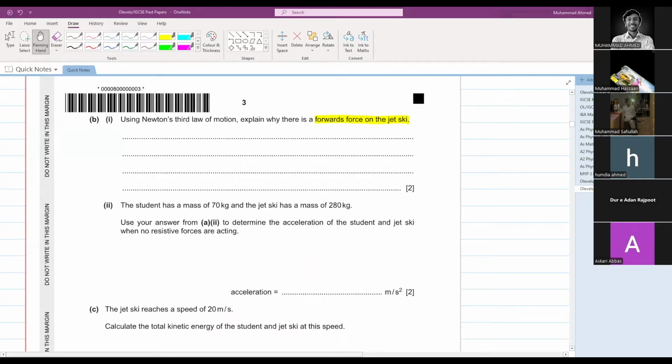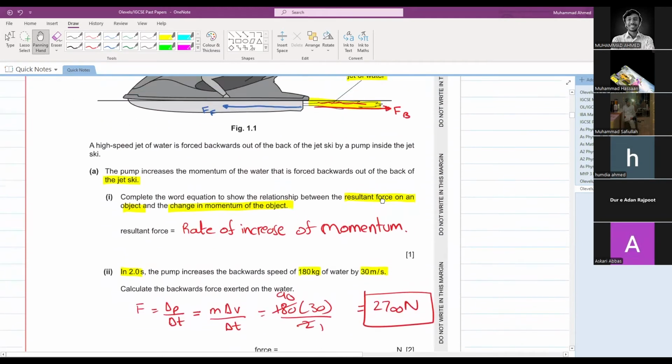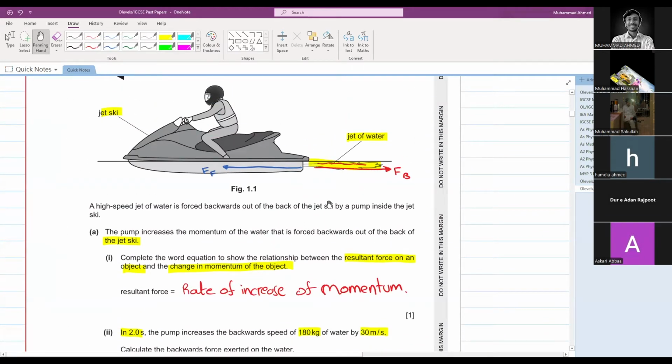You will say that the backward force is a force that the jet ski exerts on water. Consequently, there will be a forward force on the jet ski due to the water.